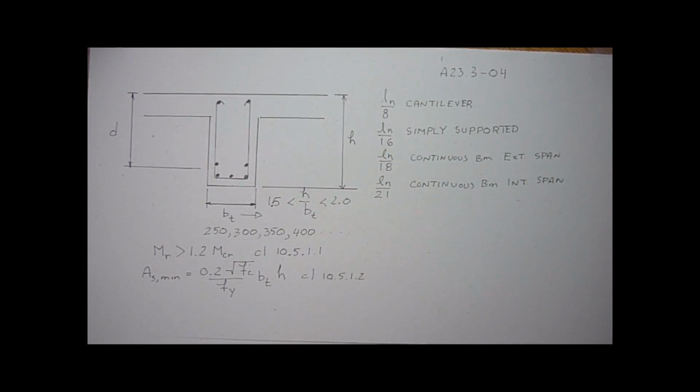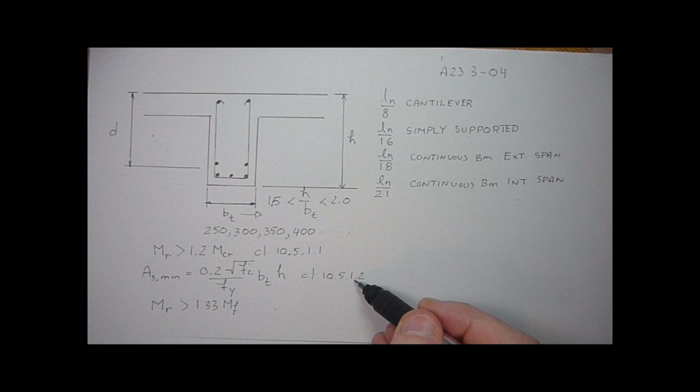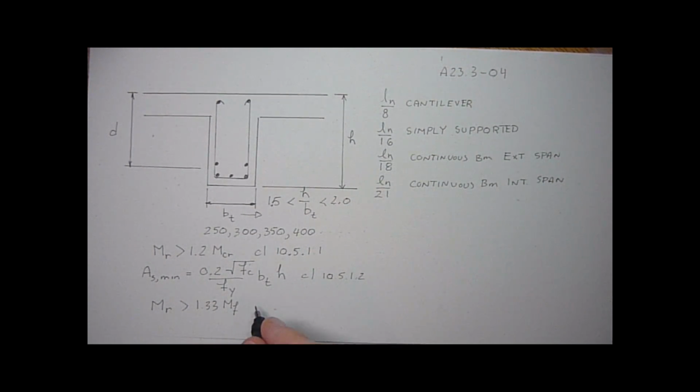But if your moment resistance is in excess of 1.33 times the factored load, 1.33 Mf, then you can totally ignore these two criteria. Minimum area of steel will be okay as long as your resistance is greater than 1.33 Mf, and that's in clause 10.5.1.3.